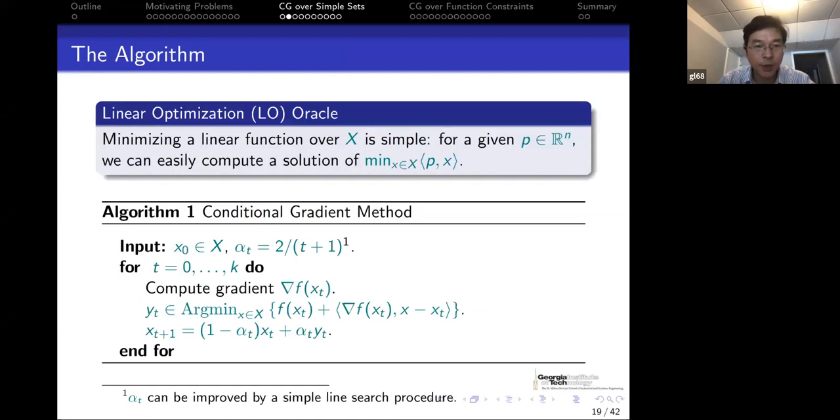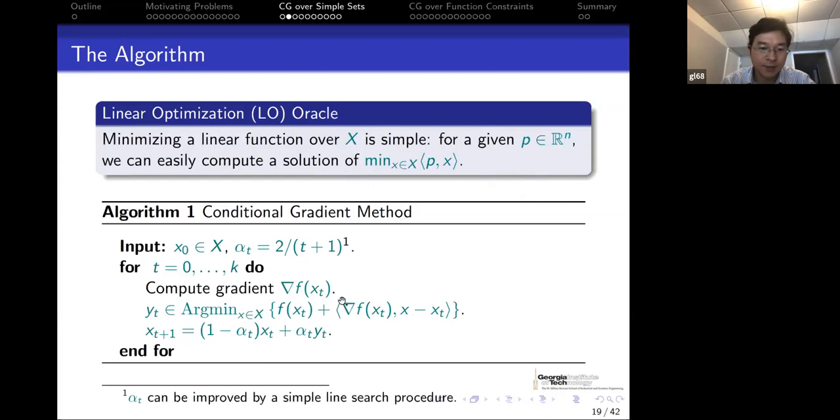In the conditional gradient method, we assume that we can solve a linear optimization problem over the set capital X. That means for any given p, we can compute a solution of minimizing p times x over the set capital X. Then once you have this, the algorithm is very simple. The algorithm just has 3 lines.